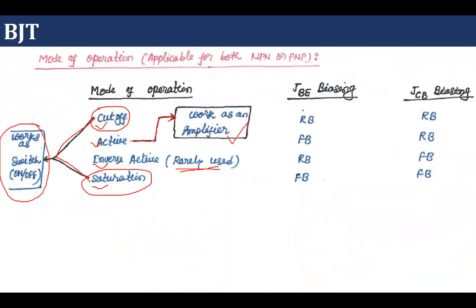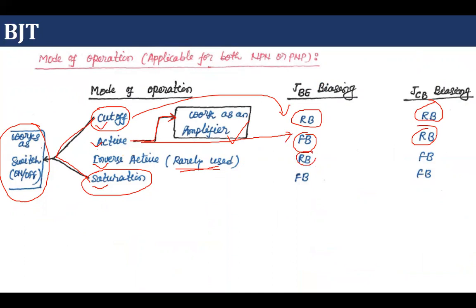So if base emitter junction is reverse bias, collector base junction is reverse bias, device will work in cutoff mode. If base emitter forward bias, collector base reverse bias, so device will work in active mode as an amplifier. If base emitter reverse bias, collector base forward bias, device will work in inverse active, rarely used.